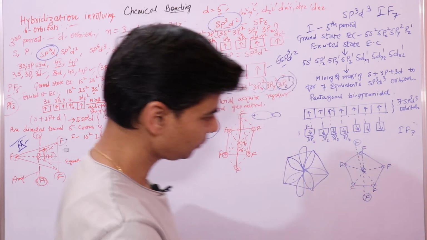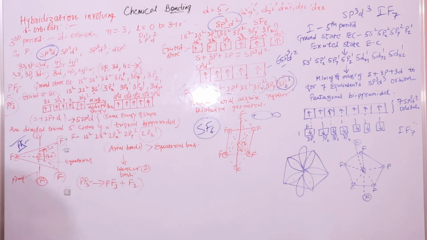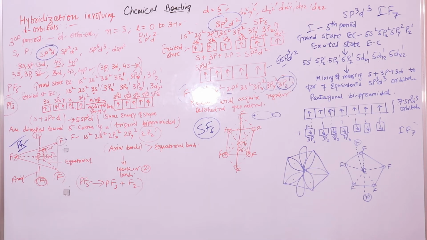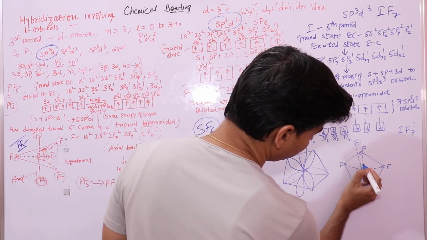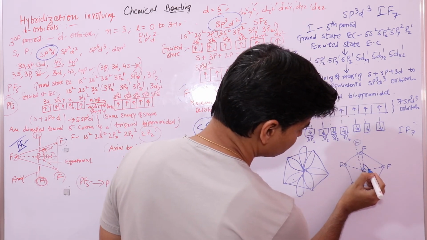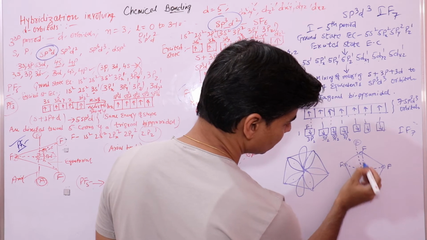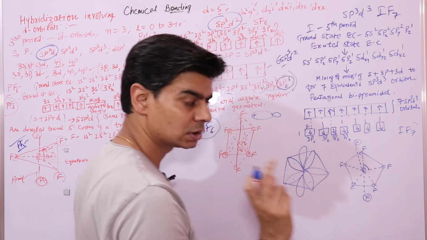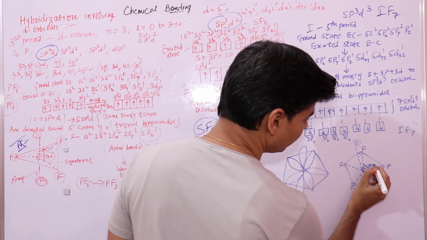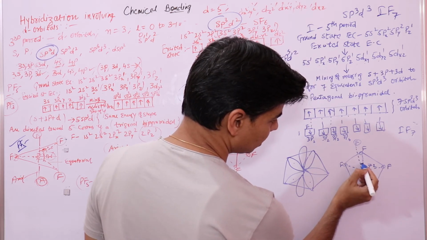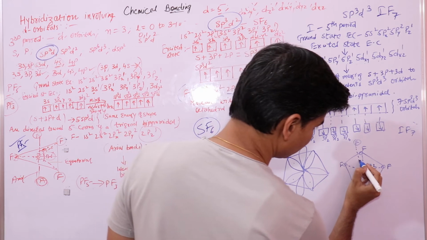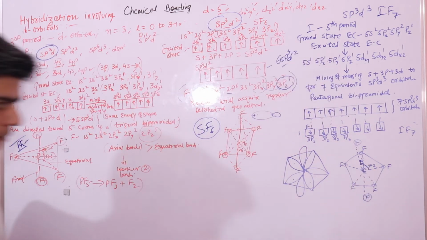So the angles between these bonds are 72 and 90, right. The angle between the equatorial bonds, which are directed towards the corners of the pentagon, is 72, and the angle between this bond and this bond is 90 degrees, right.